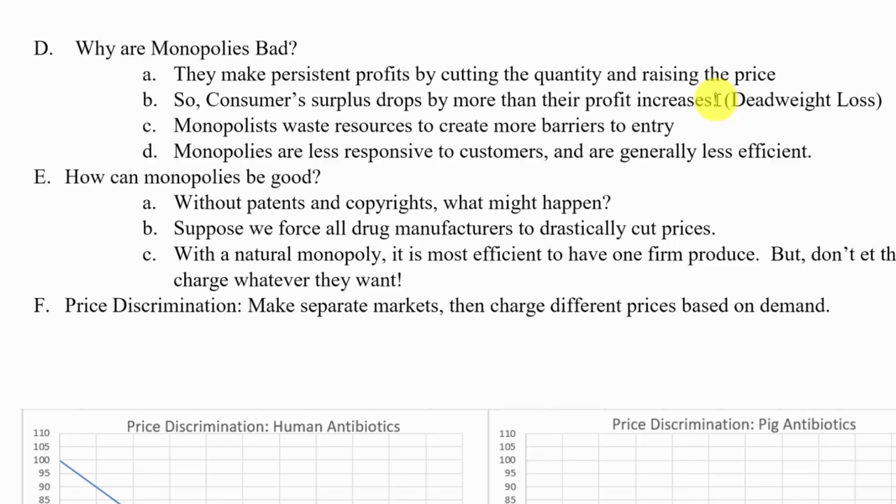Another problem we found with monopolists is that monopolists waste a lot of money, a lot of resources to try to create more barriers to entry. We mentioned advertising before. There's also some evidence that historically banks, sometimes you'll look at some pictures of old bank buildings and you'll see, even in a small town, it'll be this huge building with large marble columns.